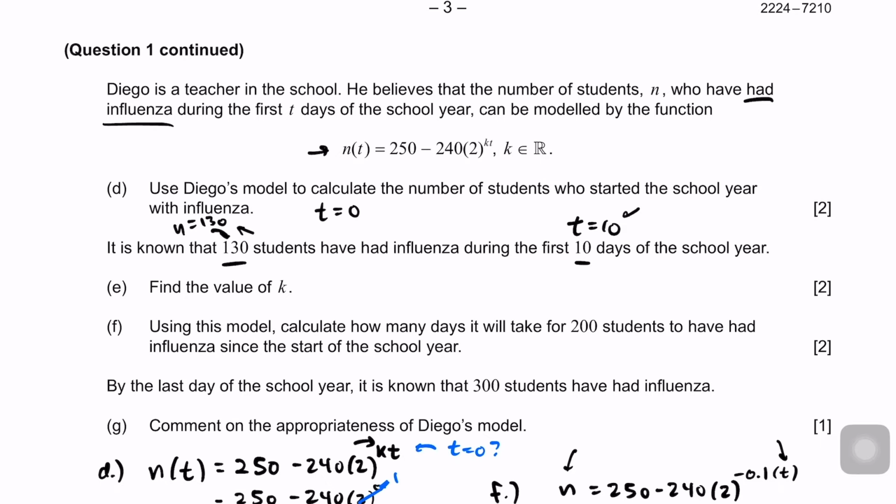And if we look at this situation itself, there's going to be this equation. We have 250 minus some value right here. And since this is an exponential, 240 times 2 raised to the negative 0.1 t, this value right here is always going to be positive.